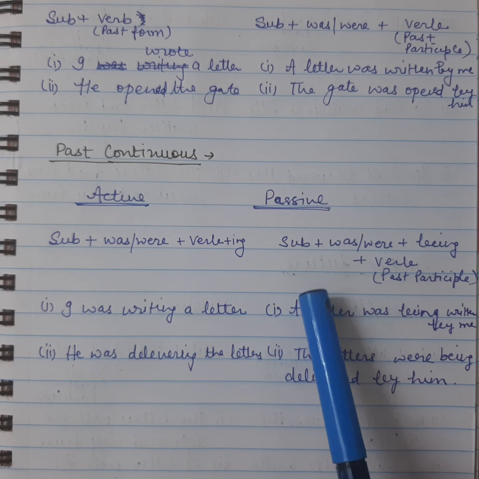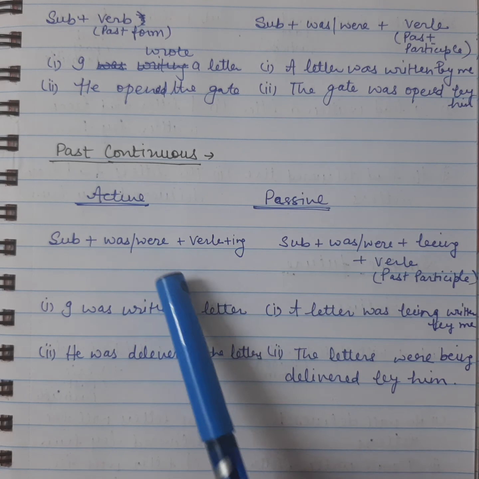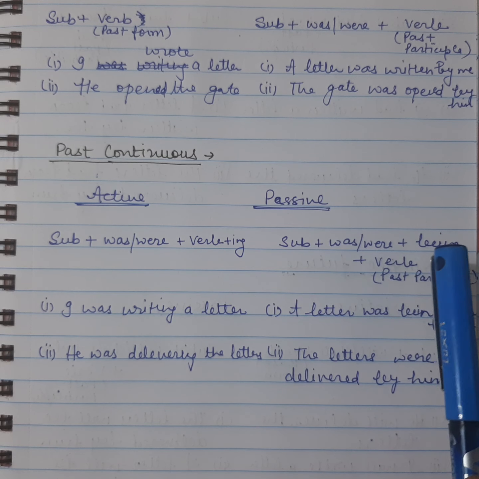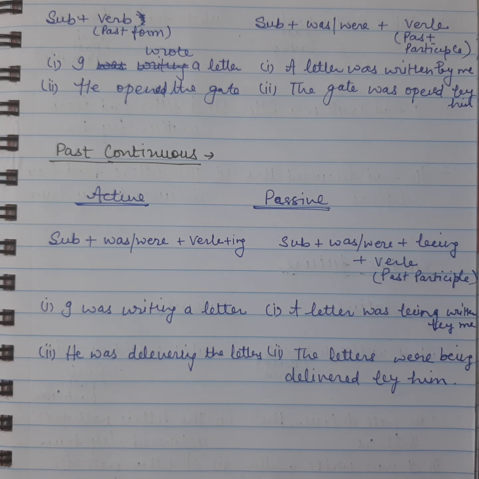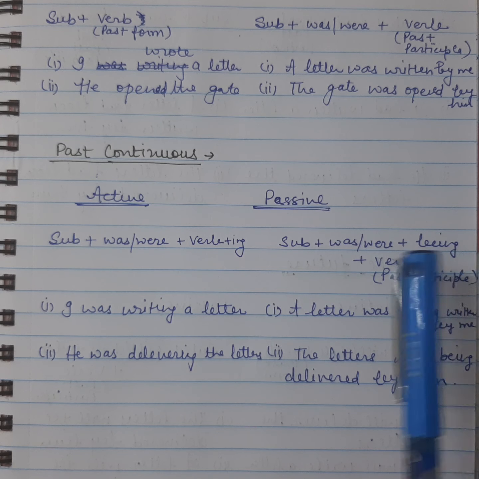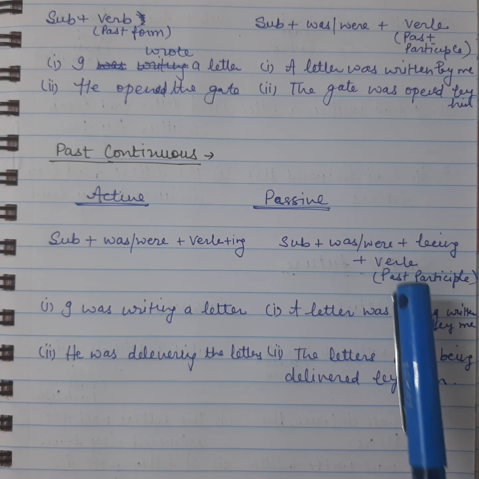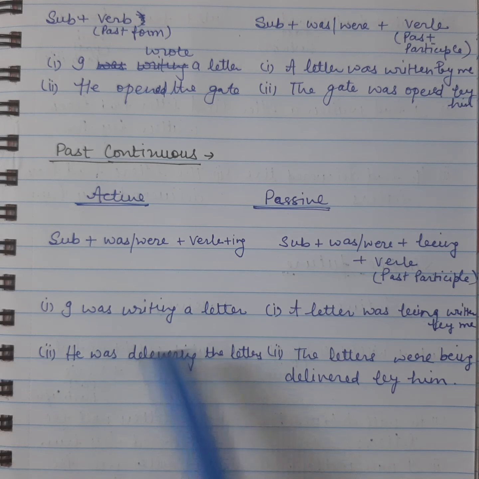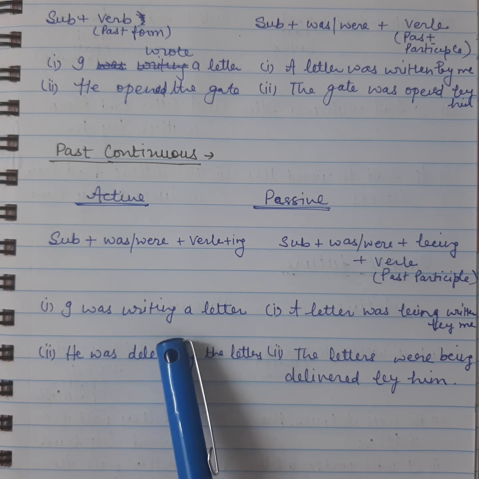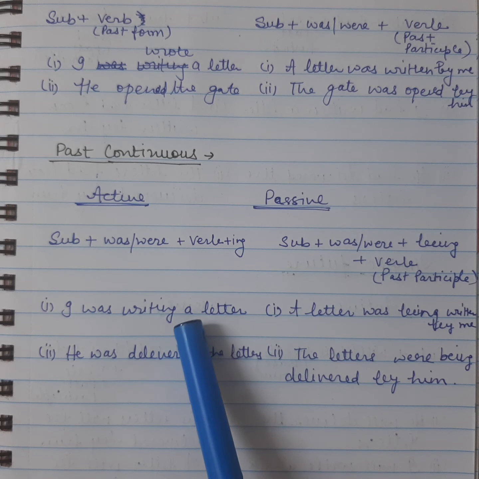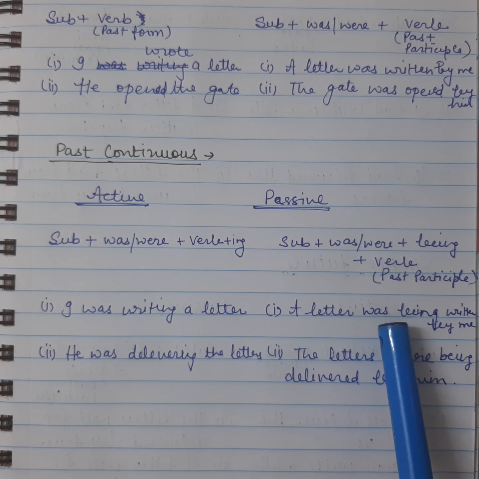In passive voice it will be the subject, which is the object in active voice, then was and were, then we'll add being, similarly as we did in present continuous tense, plus the past participle of the verb. So the sentence I was writing a letter in passive voice will be: a letter was.